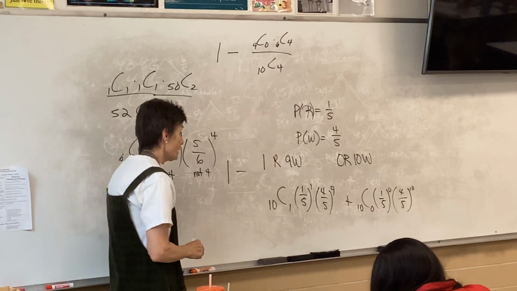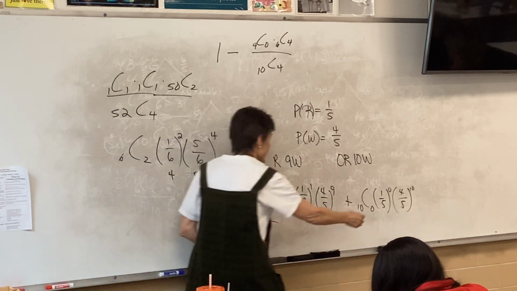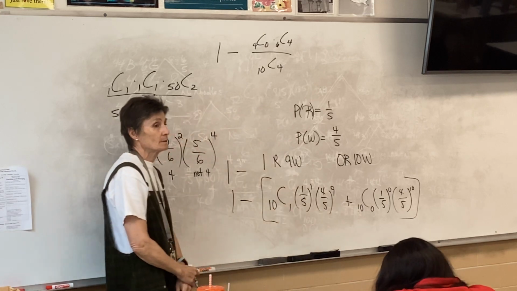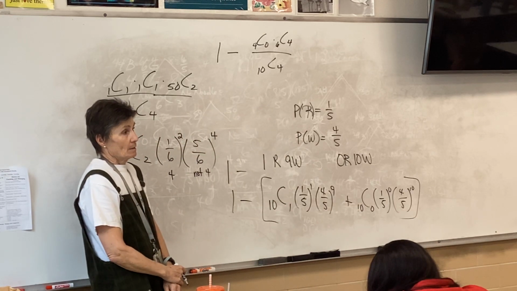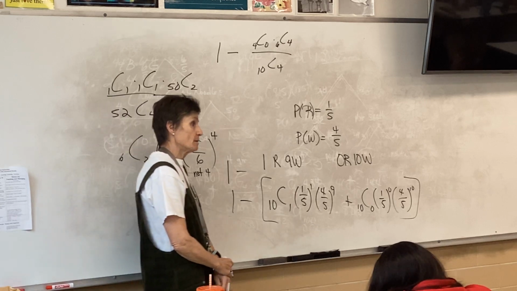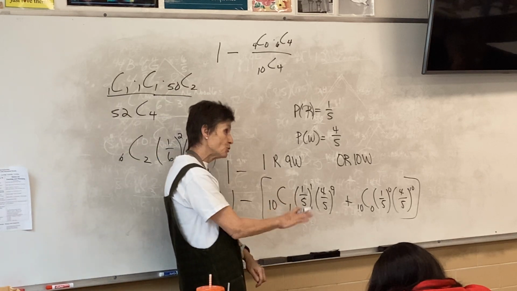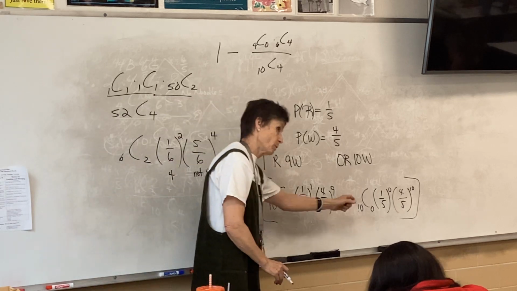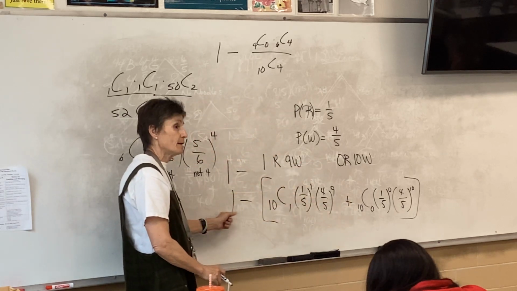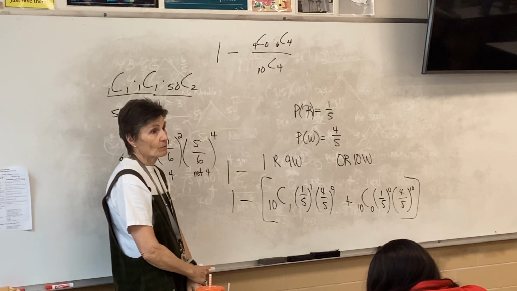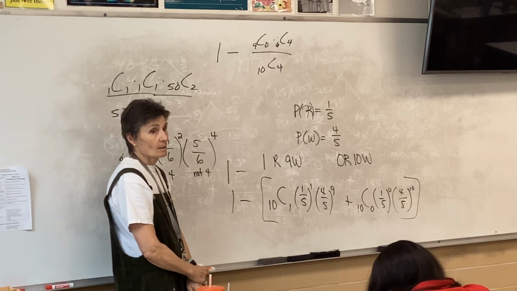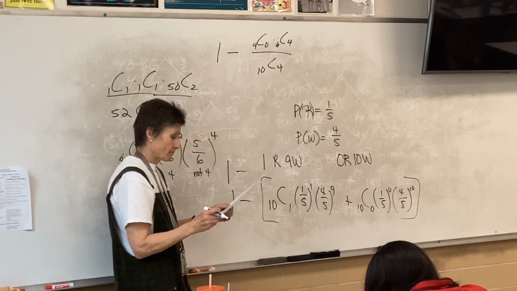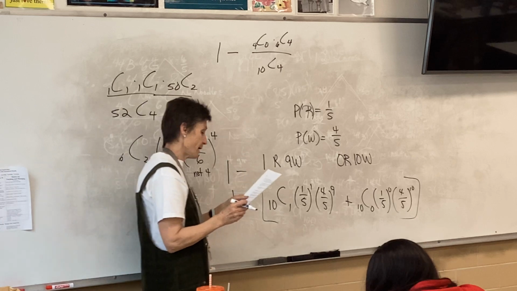So you're going to go ahead and add those up, subtract it from 1. Because our job was to find the probability of getting 2 or more right. So this is 0 and 1, get rid of those options, and then that'll go like those. Okay?